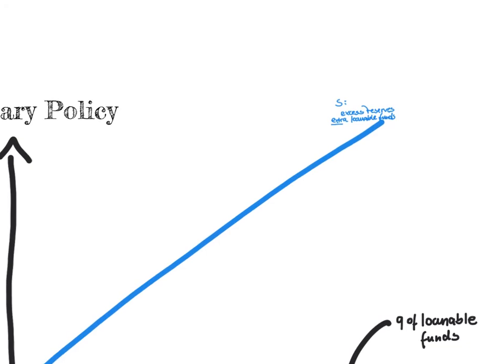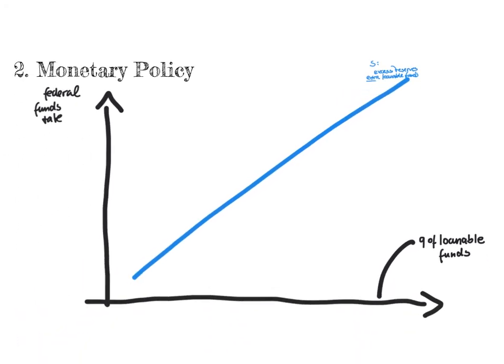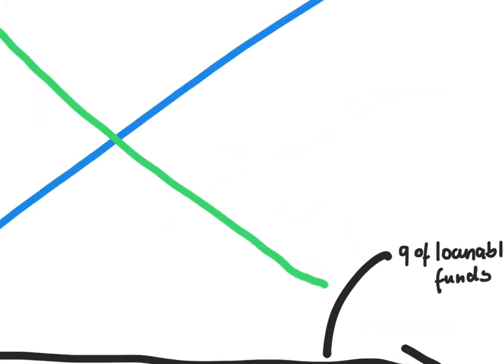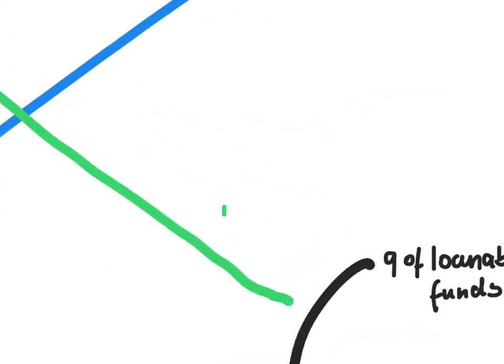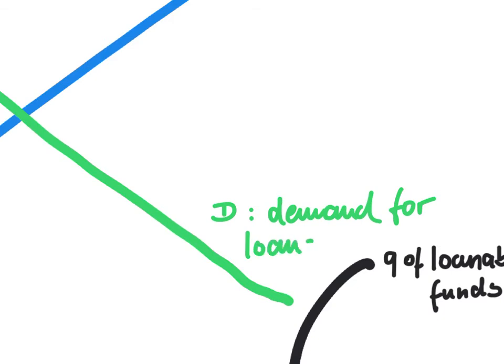Now, what is the demand? The demand is simply the demand by other banks for loanable funds, right? So demand is demand for loanable funds. And then I'm going to show you the equilibrium in a minute.